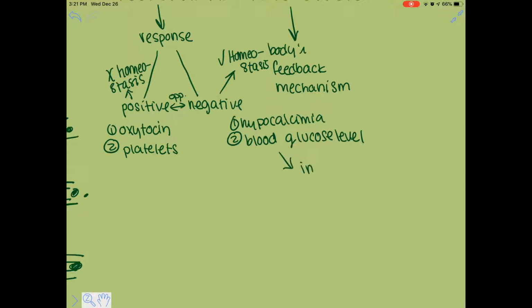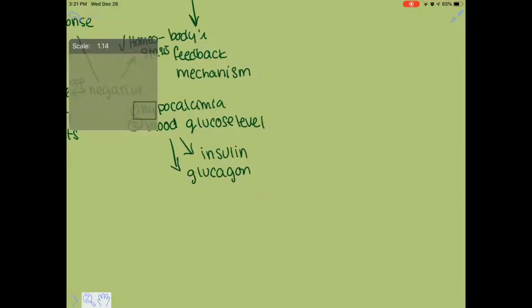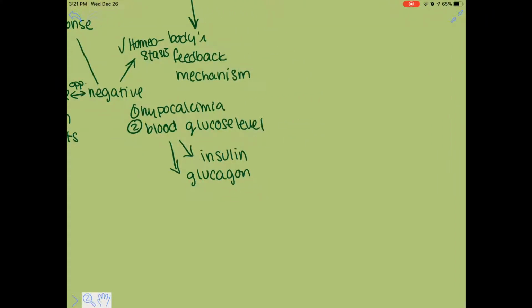And this can be seen through its regulation with insulin as well as glucagon. Beyond these, there are many more examples, but for now, let's go straight into hypocalcemia. So as I mentioned, hypocalcemia is low blood calcium levels.